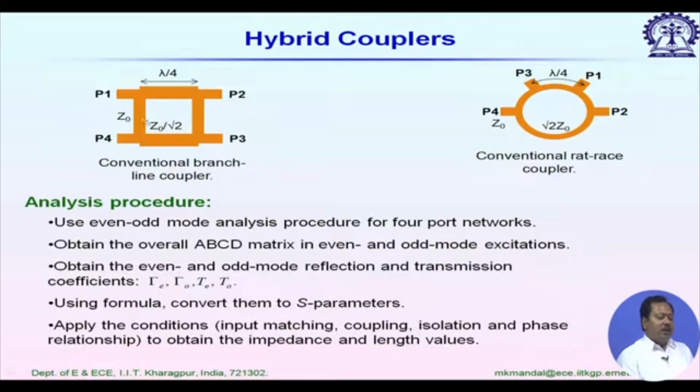So, for Z naught equal to 50 ohm, it should be 35.35 ohm, and the left and right branches should be of 50 ohm Z naught. If we feed power at port P1, then the angle of S21 is minus 90, the angle of S31 is minus 180, and overall we have a 90 degree phase difference between port P2 and port P3.